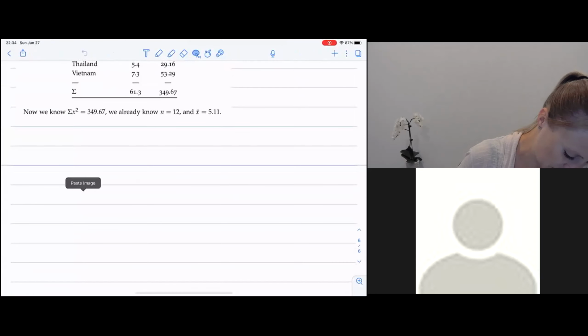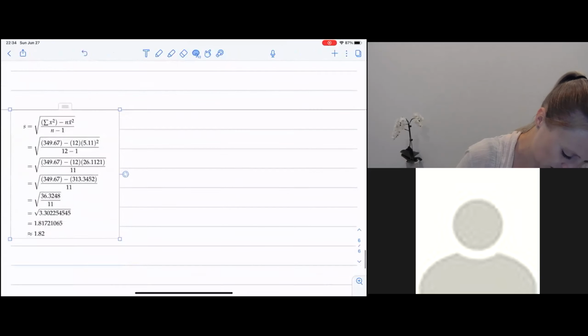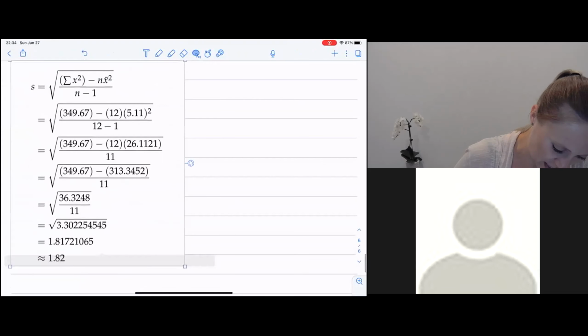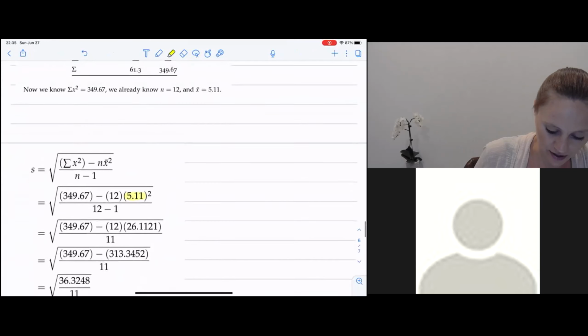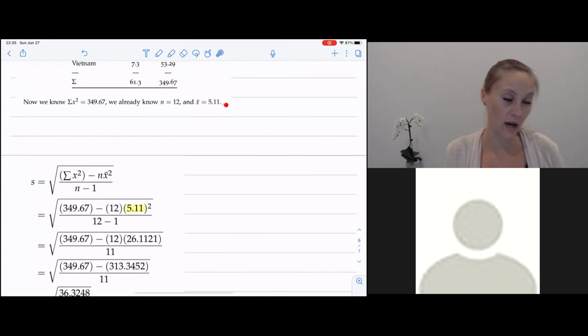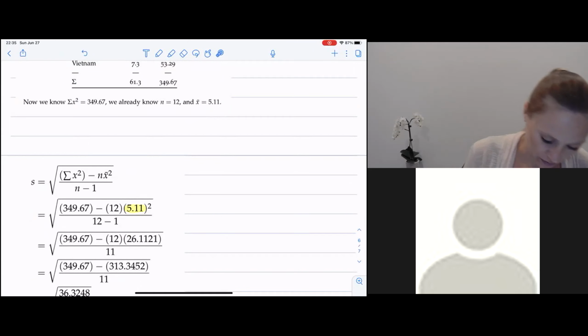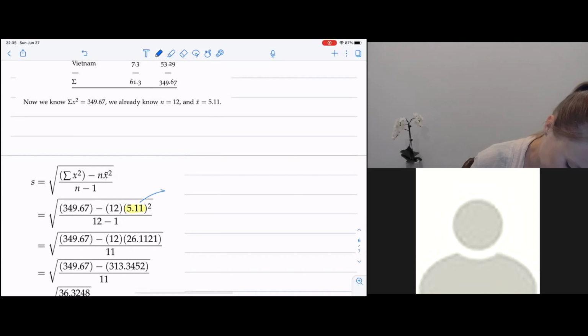This is where it becomes important to recognize that this x bar, this 5.11, was actually 5.10833 repeating, right? And so 5.11 is a rounded value.